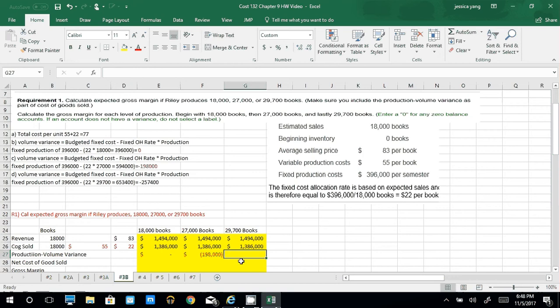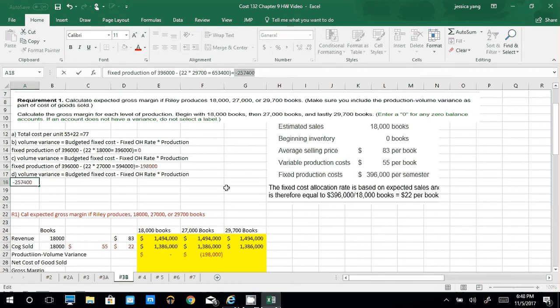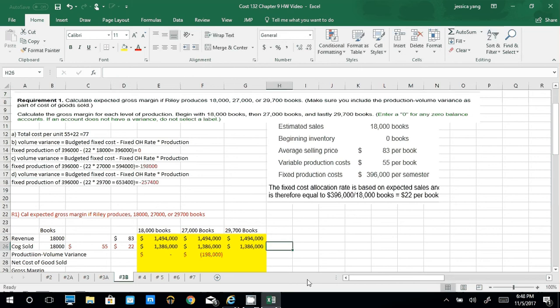For the 29,700 books, we've already calculated that up here, a negative $257,400, and we enter that in this cell.